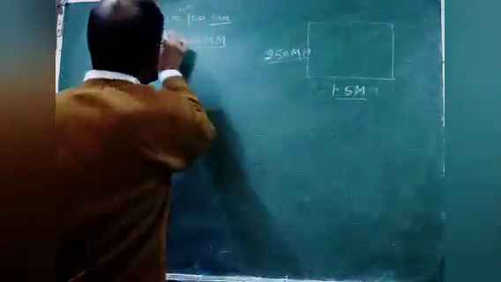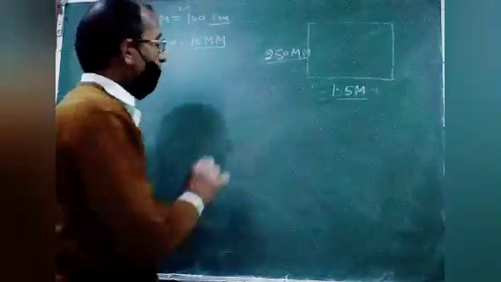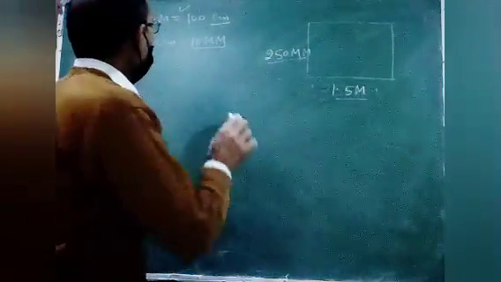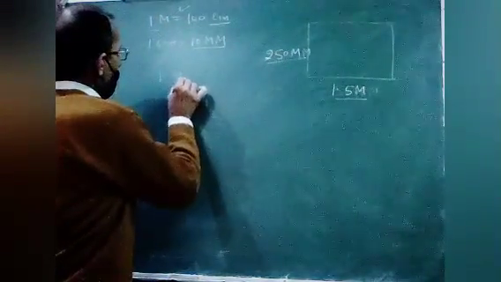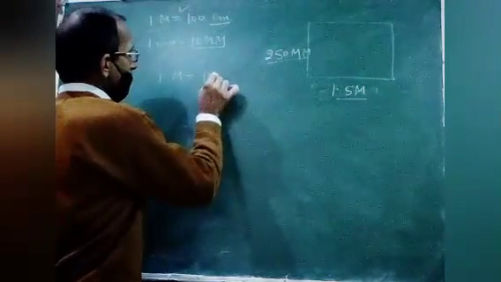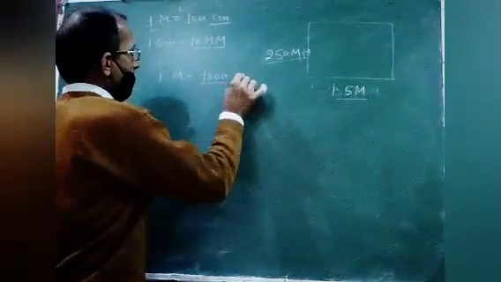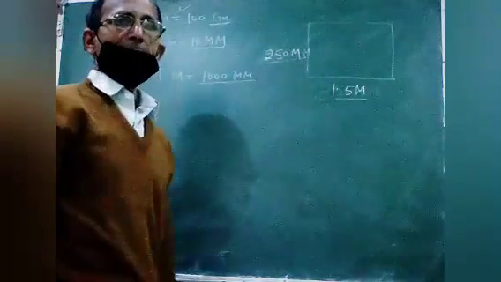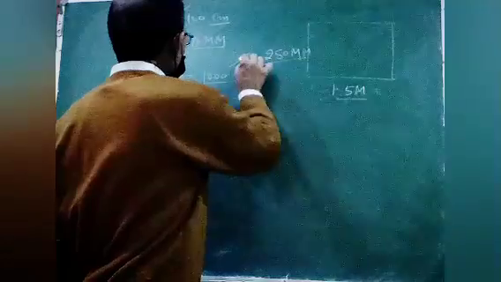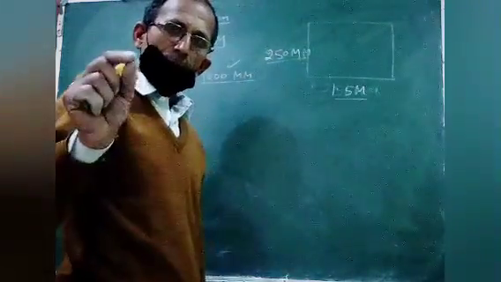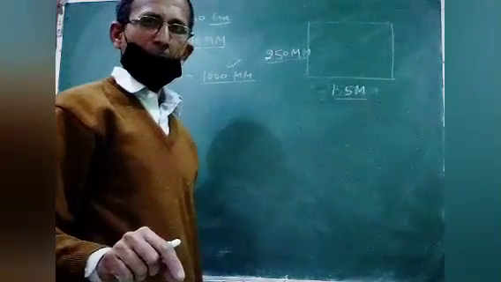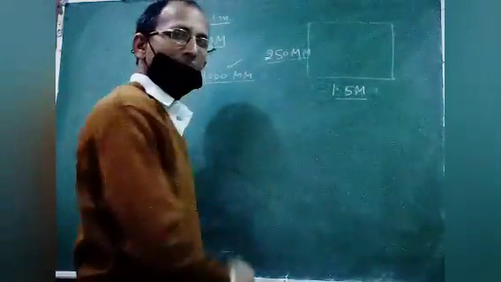Just now I told you 1 meter is equal to 100 centimeter, and 1 centimeter is equal to 10 millimeter. So in 1 meter, how many millimeter are there? 1000 millimeter. If you are converting millimeter into meter, then divide by 1000.